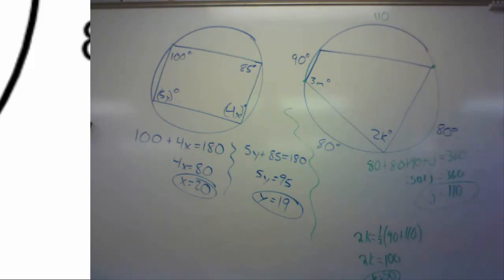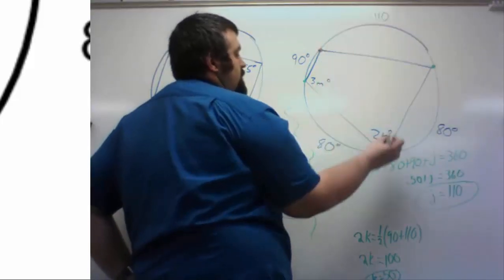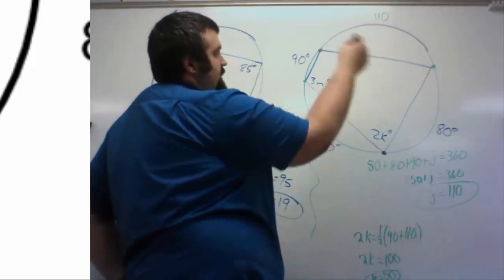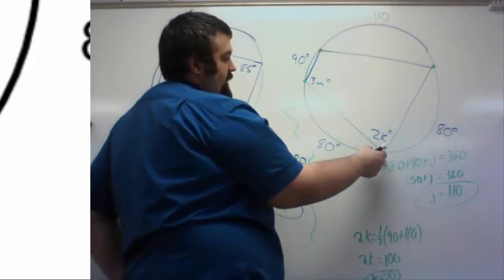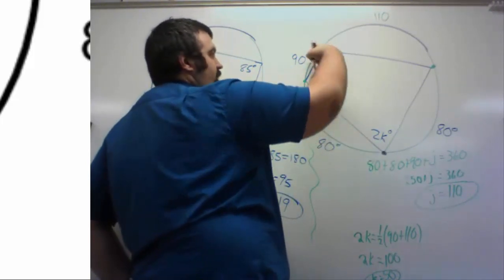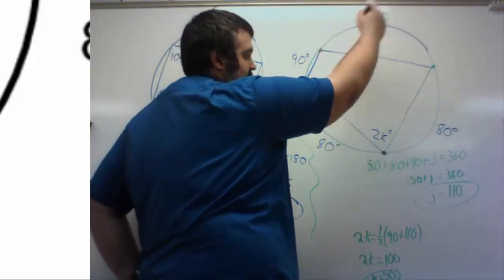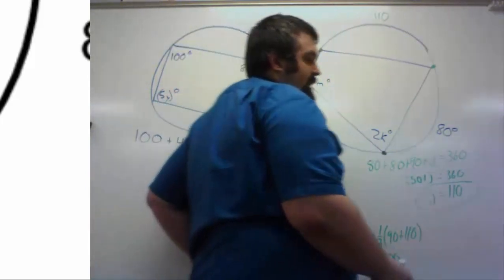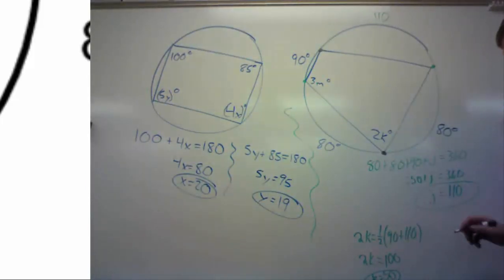Repeat it for m. For m, this corner and this corner right here are what help form this angle here. So the arc I'm looking at for 3m is not just 110, it's not just 80, it's the combination of the two. So 3m isn't equal to 80 and 110, but it's equal to half of that.